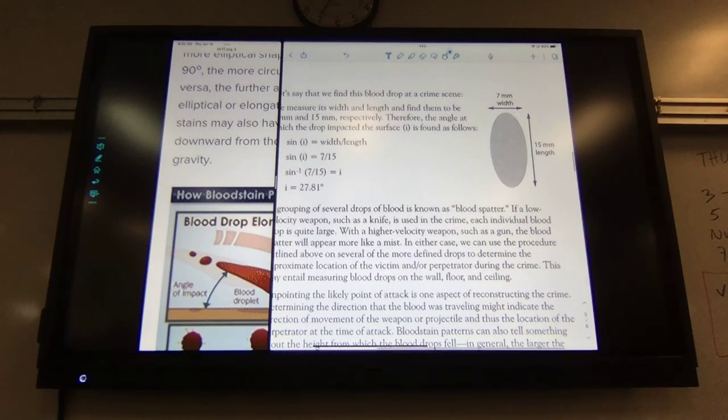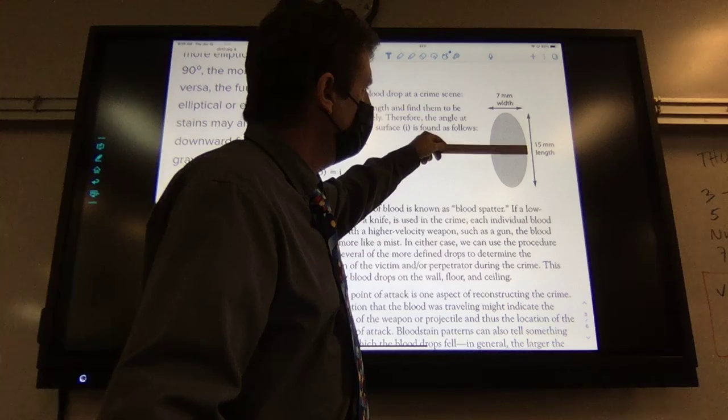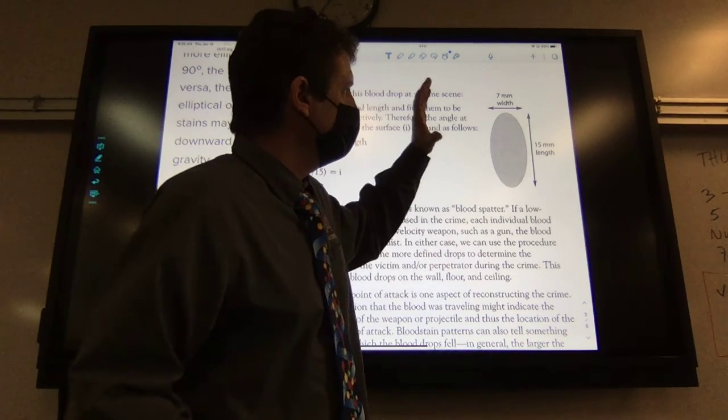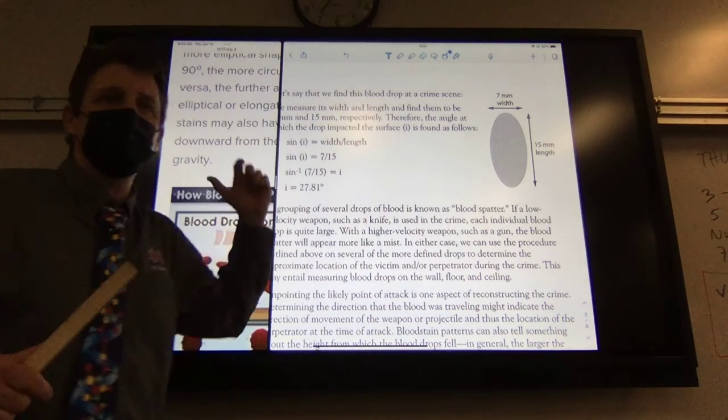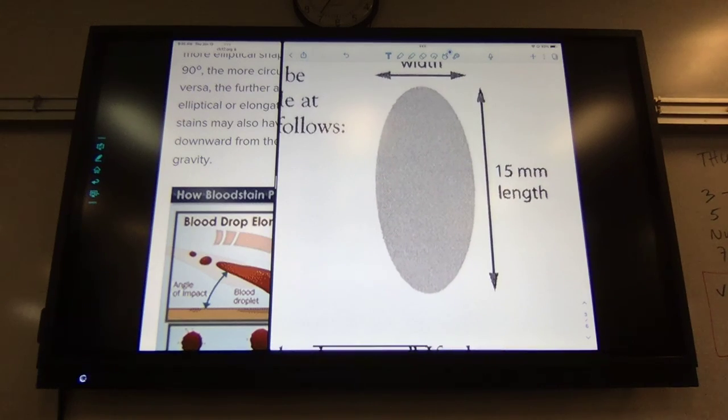So here's an example. You just take your ruler and you measure the width and then you measure the length. It doesn't matter if I measure it at this aspect ratio, as long as the width and the length stay in the same relation to each other. I could also measure it this way.